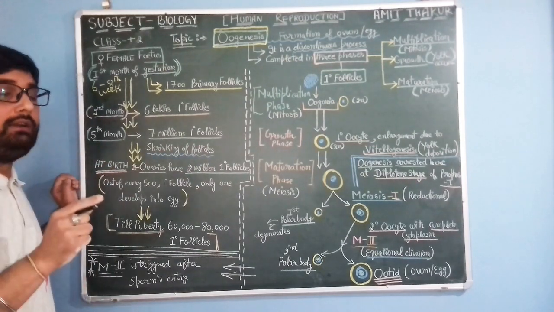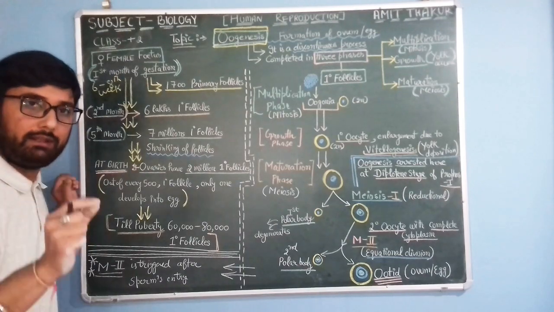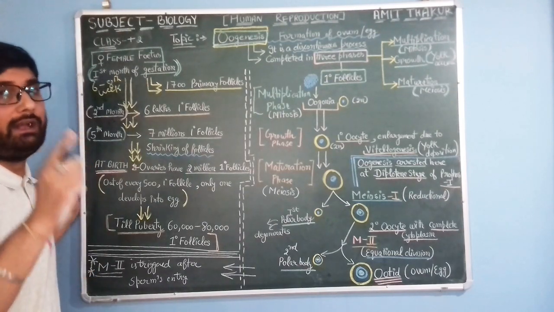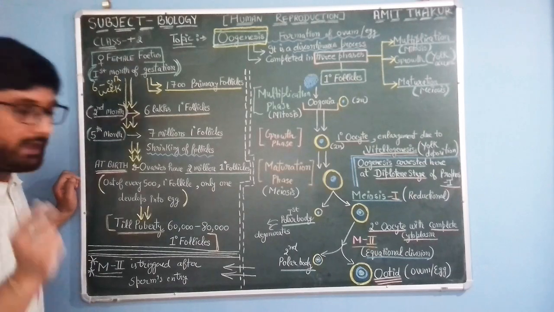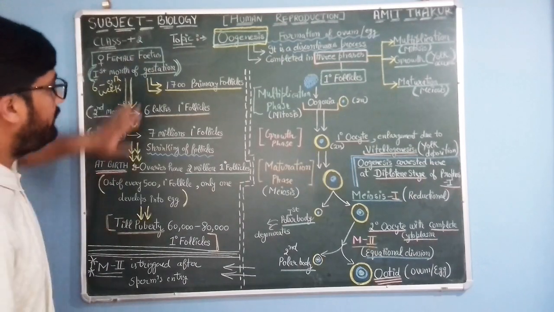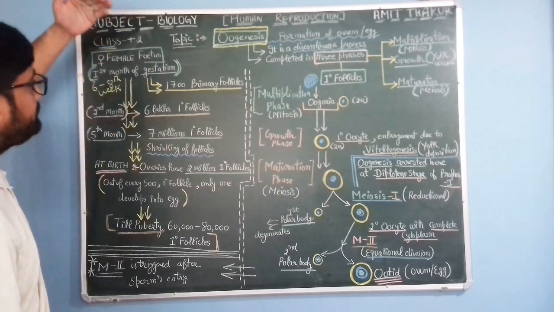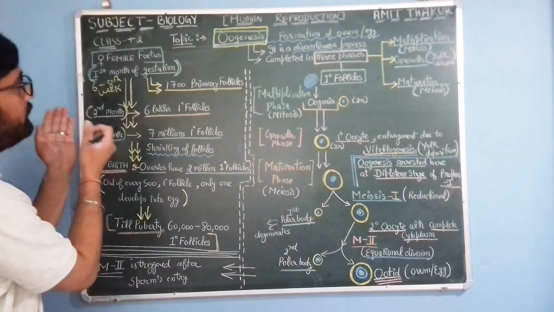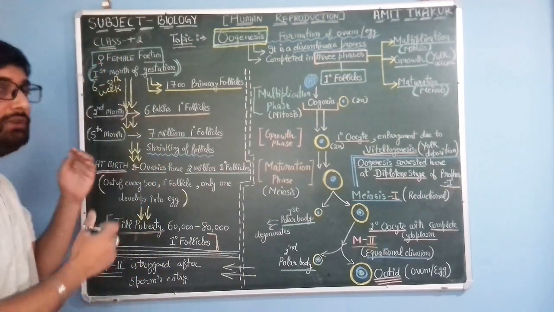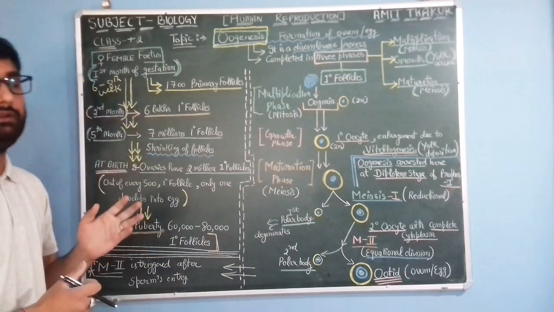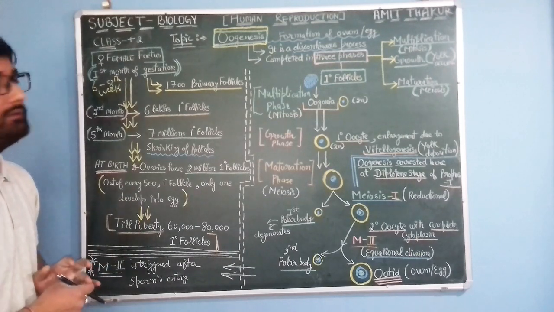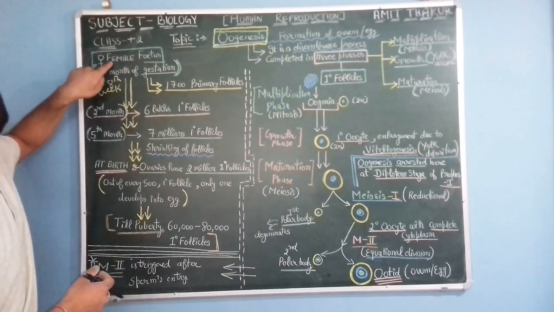So out of 500 primary follicular cells, only one gets a chance to become an egg. So it's all about the changes which take place during the gestation period inside the mother in the case of a female fetus.